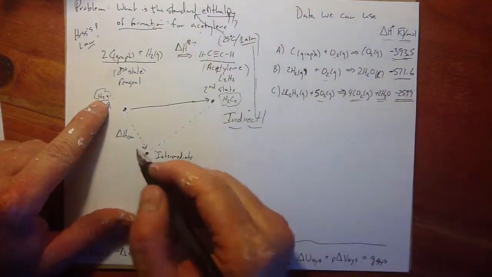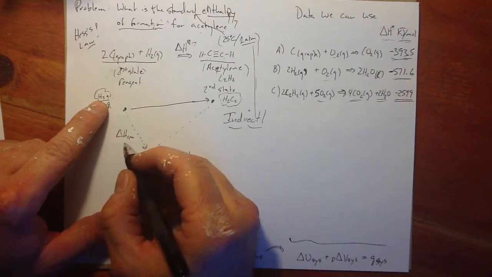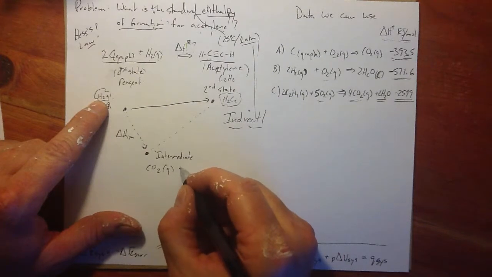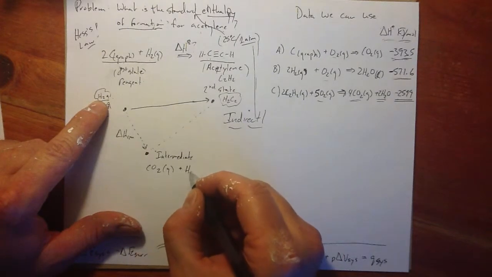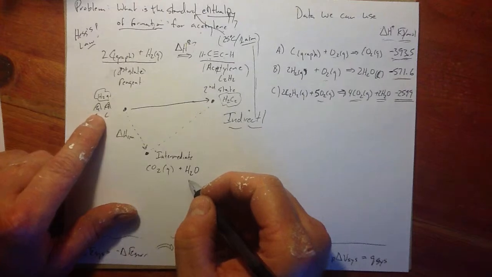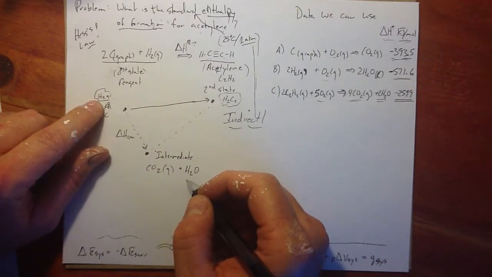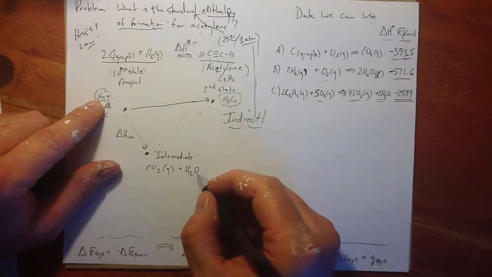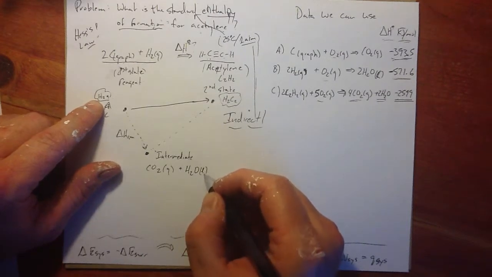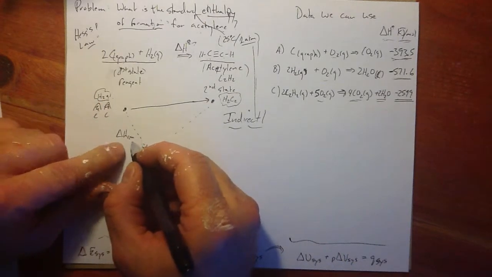I also have H2 going to water, so I can go, these moles of carbon I can turn into CO2, and this gas of H2 I can turn into water, and I know the enthalpy of reaction for that.